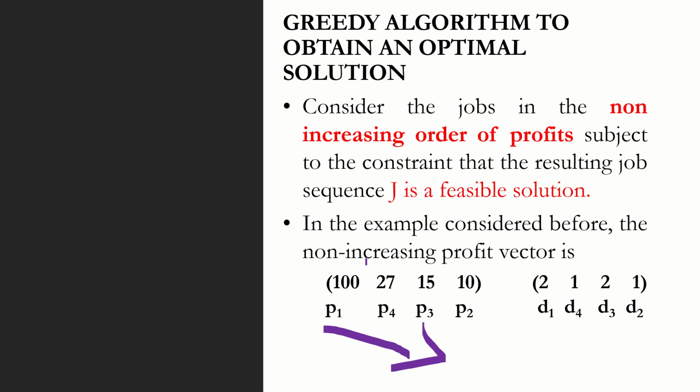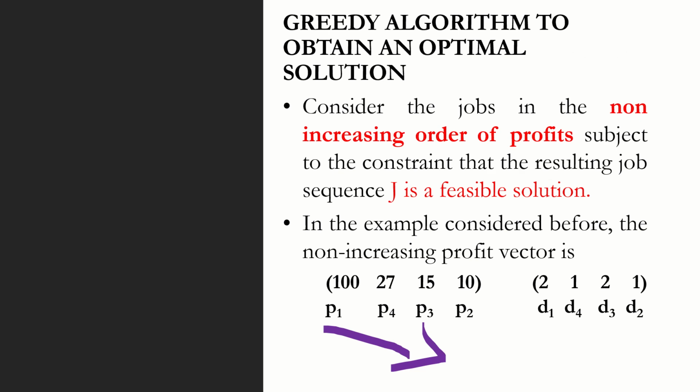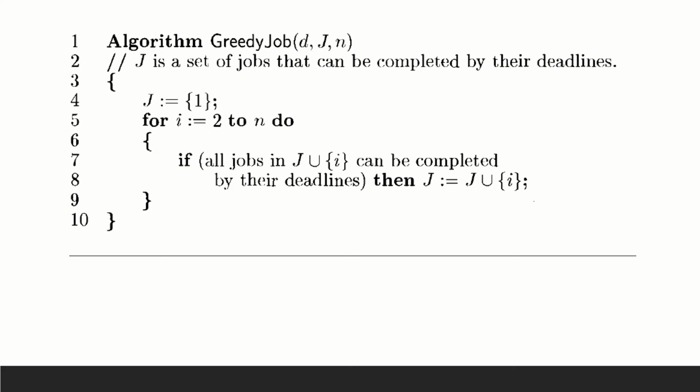So you just make an arrangement: the highest profit job is written first, then the next highest profit job, and so on, and according to that you write its corresponding deadline. Checking the previous question, P1 has the highest profit, then we select the next highest profit job, and so on. 2 1 2 1 will be the combination of deadlines.